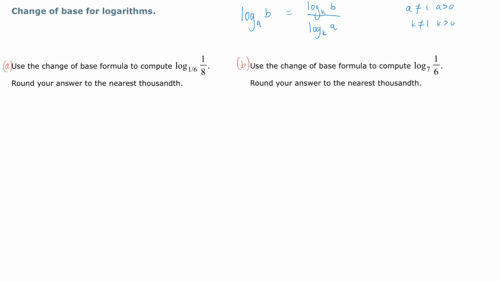Let's do the first problem. Log base 1/6 of 1/8. Let's change this to a computation for natural logs. So let's change this to the natural log of 1/8 over the natural log of 1/6. And I'm sure you could put that into your calculator and find out what that is. Keep in mind, this is a negative number divided by a negative number, so we should get a positive number.